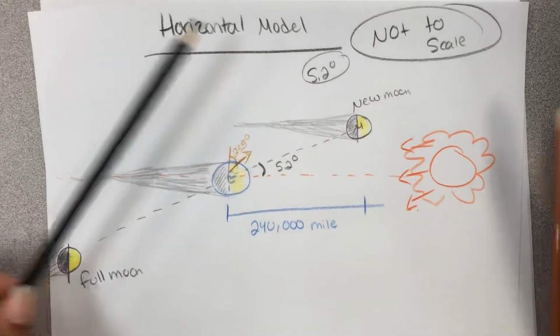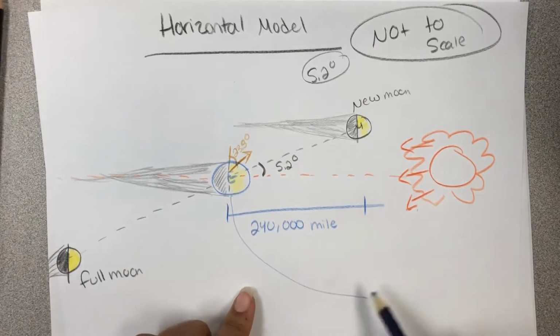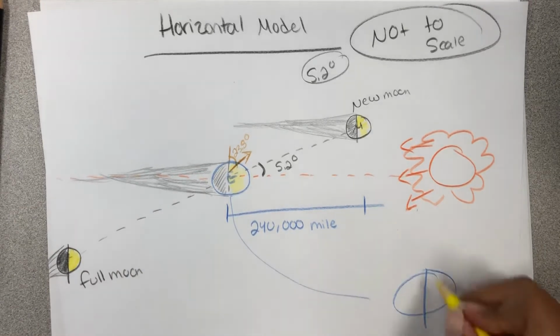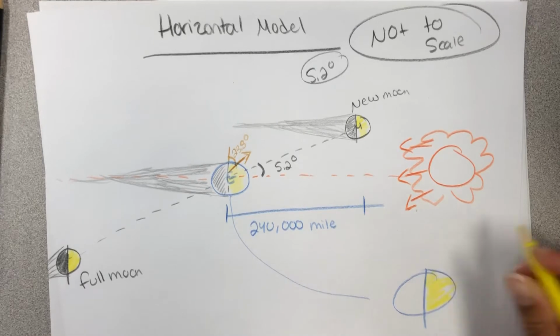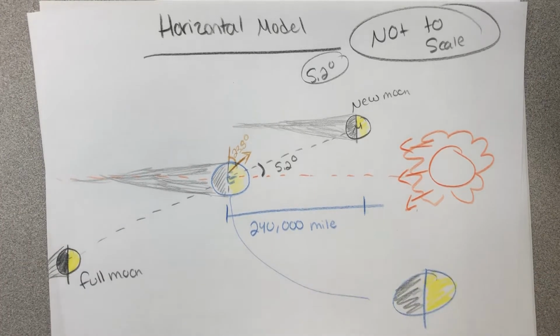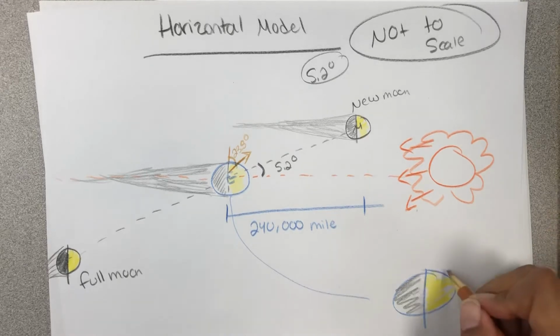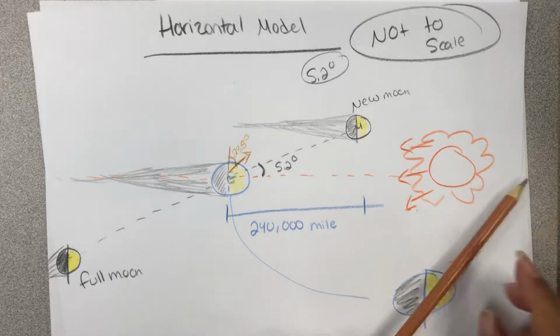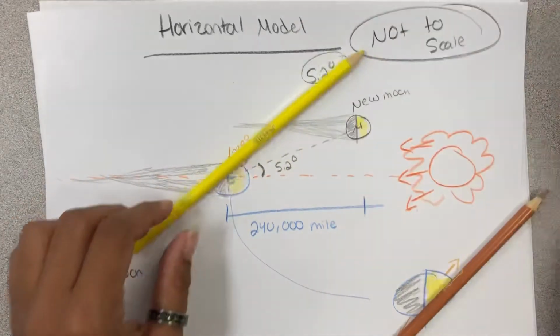When Earth moves around the sun, let me move our Earth over here. Earth's axis does not change. The direction which it points is still in the same direction that it would be here.